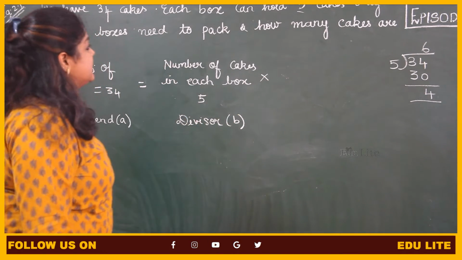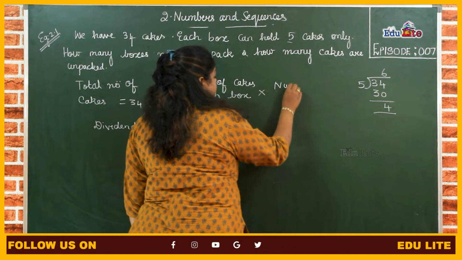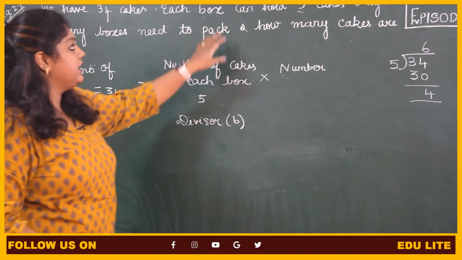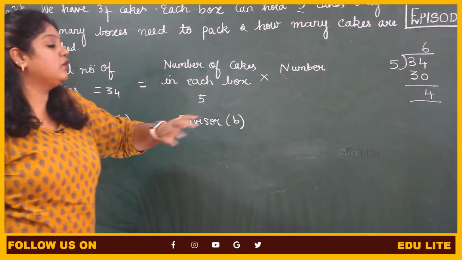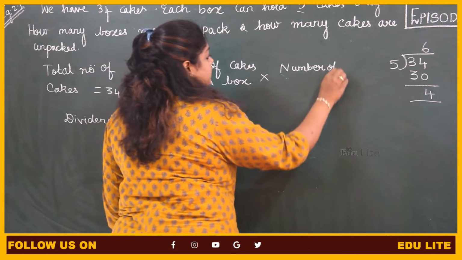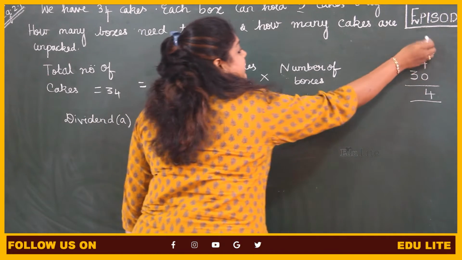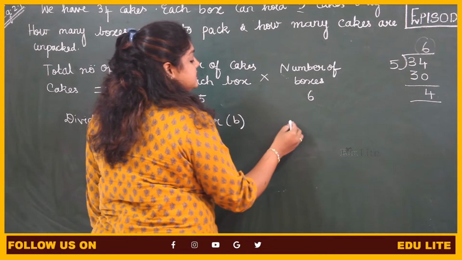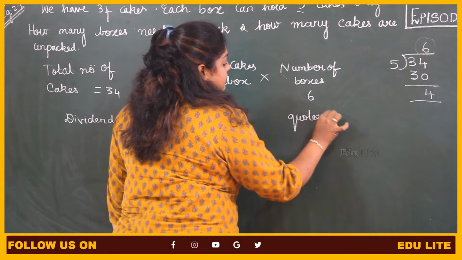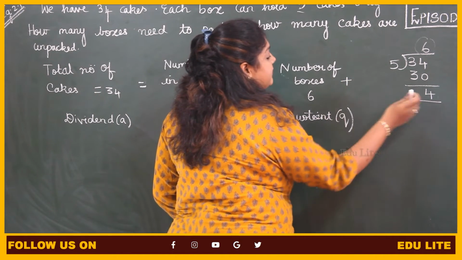Now next we have to write the number of boxes. For the total of 34 cakes, each box can hold 5 cakes, so how many boxes do we need? The number of boxes we got is 6, and this is the quotient, which is represented as Q, plus we have the remainder as 4.